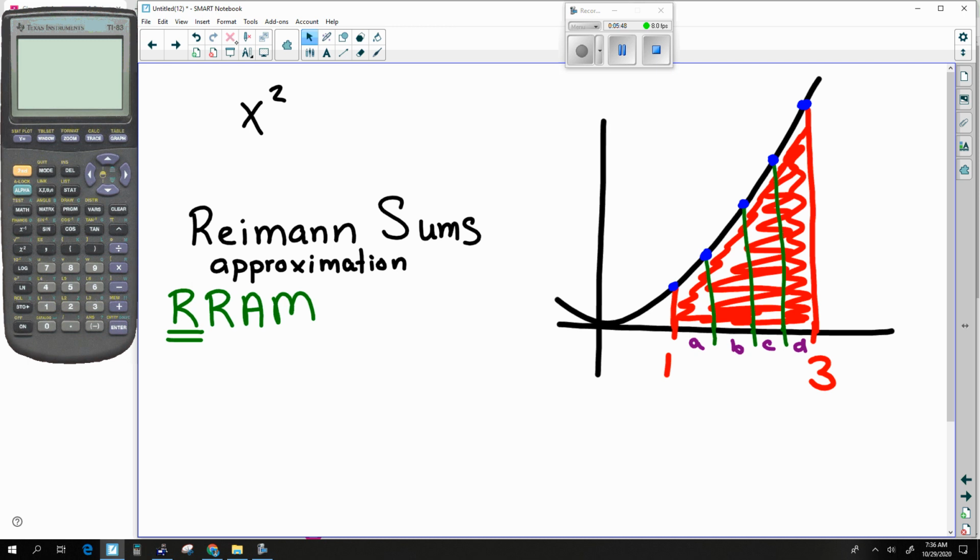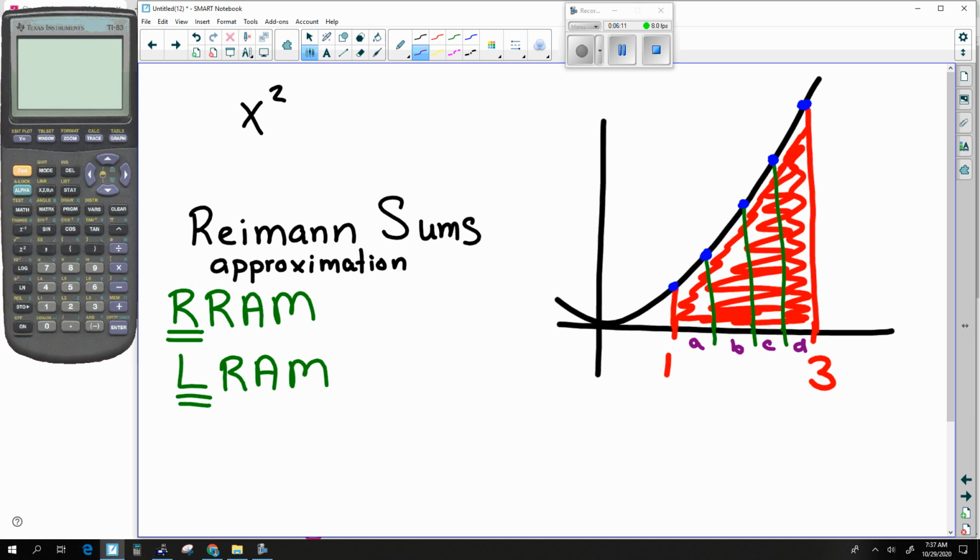There's a different type of Riemann called a left-hand or left side Riemann approximation. So the same idea applies, however, the heights of these rectangles are determined by the left side of the rectangle.